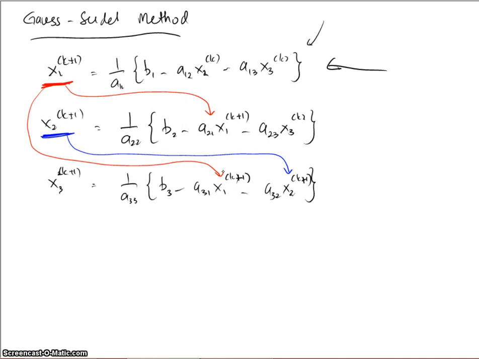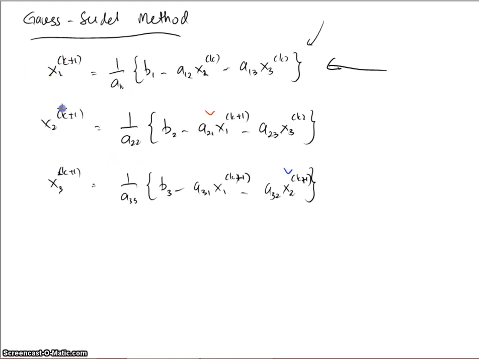Before I extend this equation, let me show you something. Let me get rid of all of this first. If you look at the equations for the Gauss Seidel method for a 3 by 3 system, for the first row, x2 and x3 are evaluated at level k, which is the initial guess or the old value.